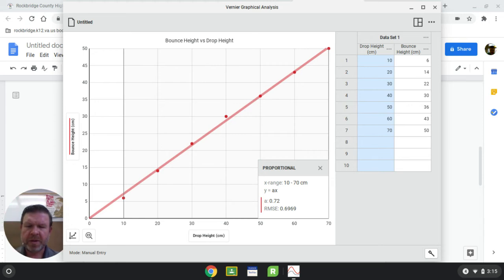How do you get this graph into your lab report? Like this. On a Chromebook, if you push Control, Shift, and then in the very top row of keys on your keyboard, there's a key that looks like a rectangle with 2 lines to the right of it.